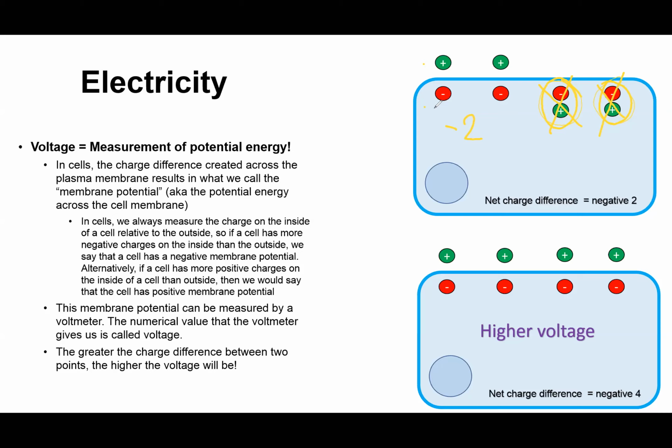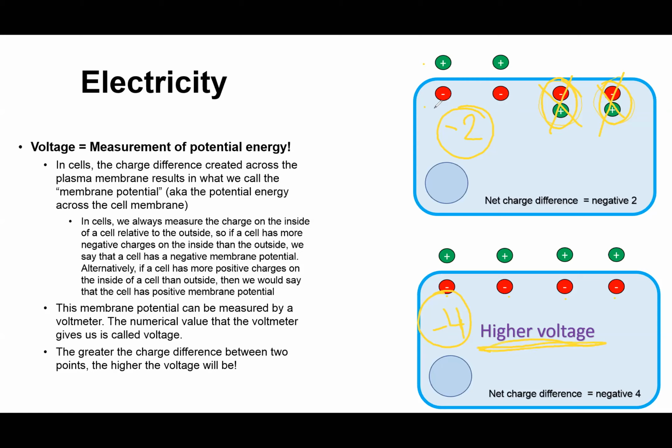We're going to say that the inside of this cell has a -2 net charge, versus this bottom cell down here where we have 4 negative charges, so -4. Because this cell down here is farther away from 0 than the top cell, it's going to have a higher voltage, okay?